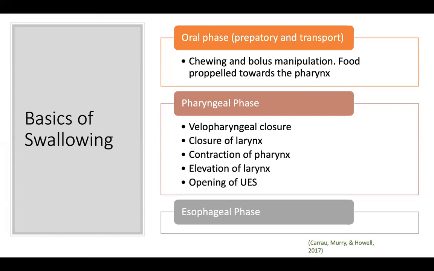Closure of the larynx, which means closure of the vocal folds, the false vocal folds, and the epiglottis. So we have 3 levels of protection of the airway. Then contraction of the pharyngeal muscles to push the food down, elevation of the larynx, and finally opening of the upper esophageal sphincter, or the cricopharyngeus, to allow the food to pass to the esophagus.